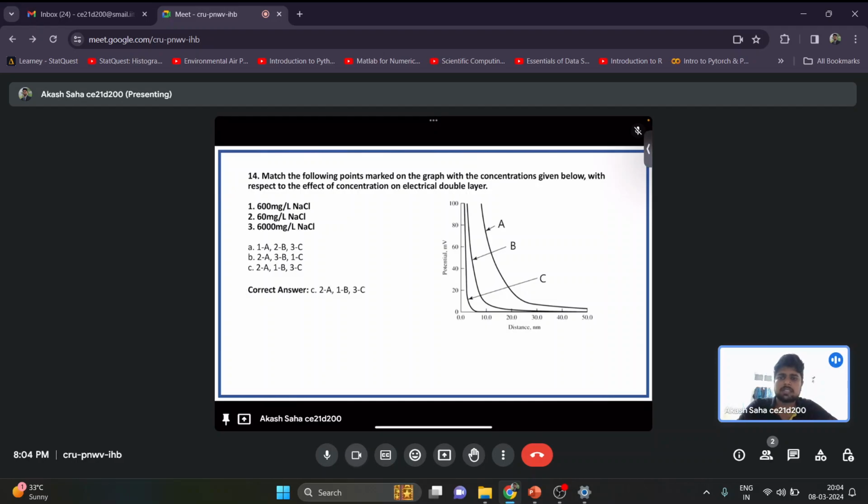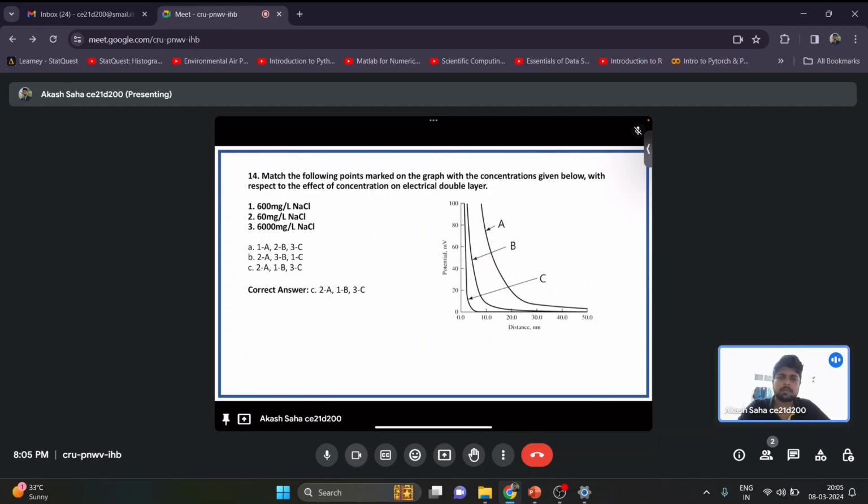Okay, so the correct answer is C, that is 2A, 1B, and 3C. So 60 milligram per liter will be the farthest away. And in between, we will have the 600 milligram per liter. And then the closest to the y-axis, that is the least distance, is for the third, with the maximum concentration, that is the 6,000 milligram per liter. Okay, so this is the correct option C.